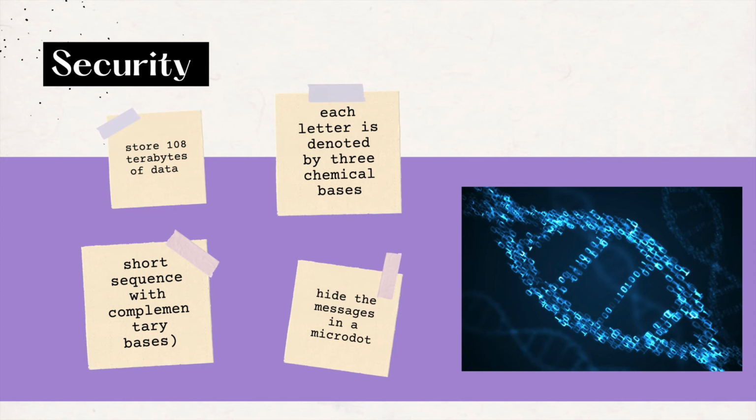Instead of standard binary encoding, each letter was represented by 3 chemical bases, such as CGA for the letter A. These messages are then encoded into DNA sequences and disguised by mixing them with a vast amount of random human DNA in a tube. This resulted in the production of microdots, which the receiver decoded using a proper short sequence with complementary bases.